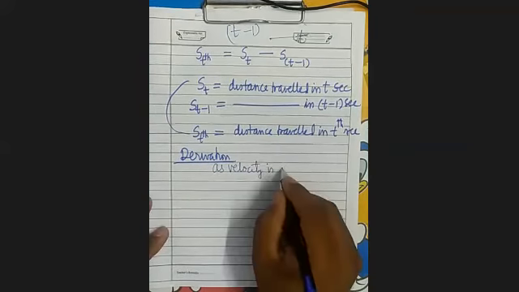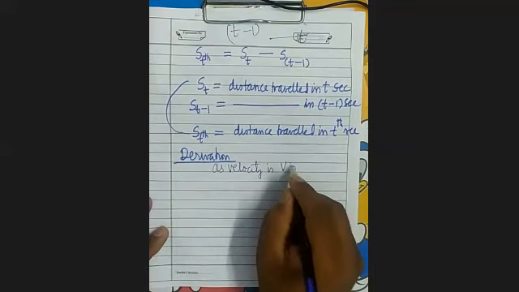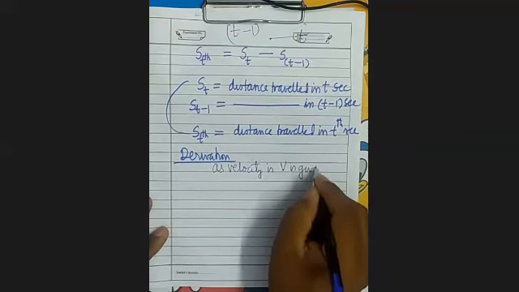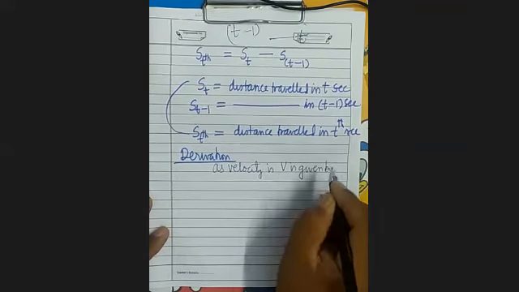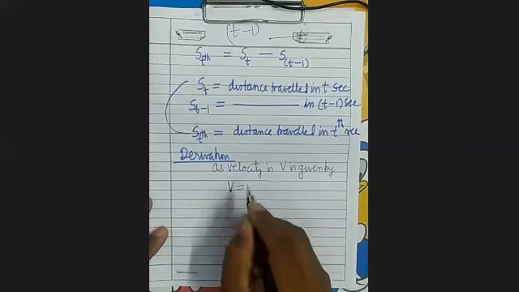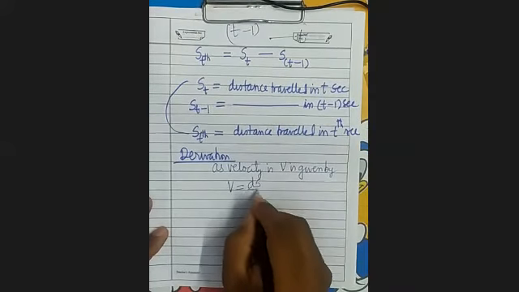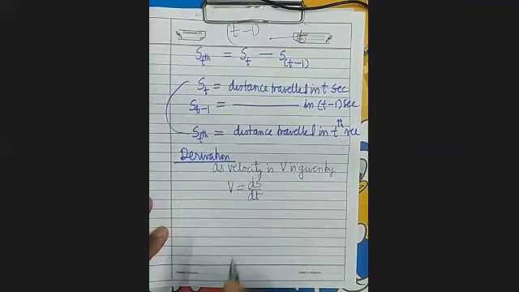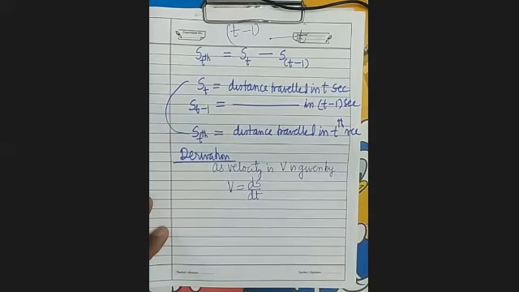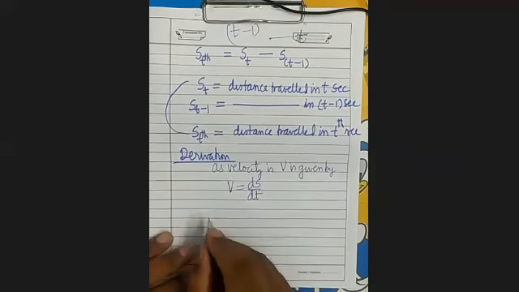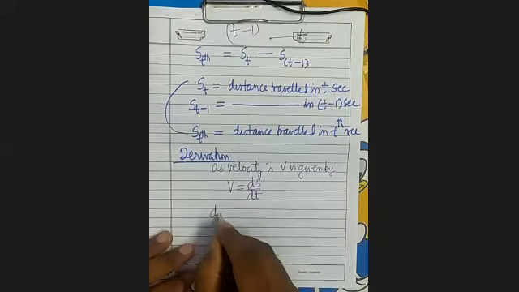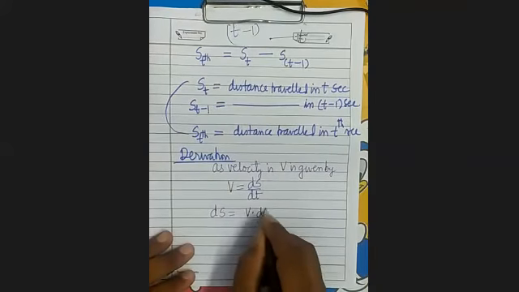So as velocity v is given by v equals ds upon dt, you can see here. Therefore, ds equals v into dt.